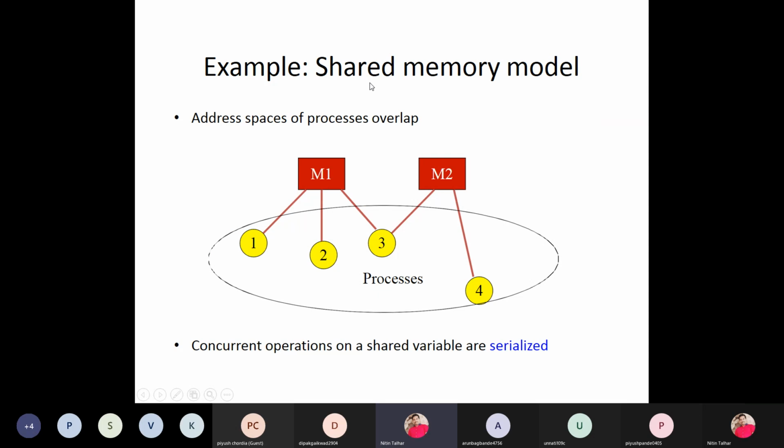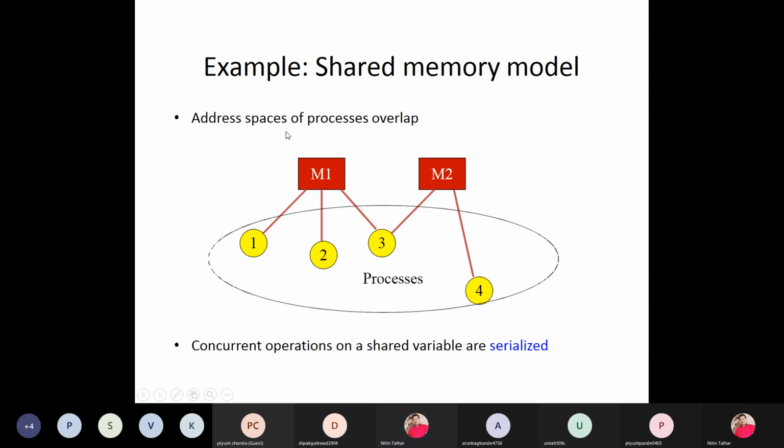Now this is an example of the shared memory model, where you can see four nodes in the network and two shared memories. M1 is considered a memory and M2 is also a memory. M1 is shared with nodes 1, 2, 3, and M2 is shared with nodes 3 and 4.